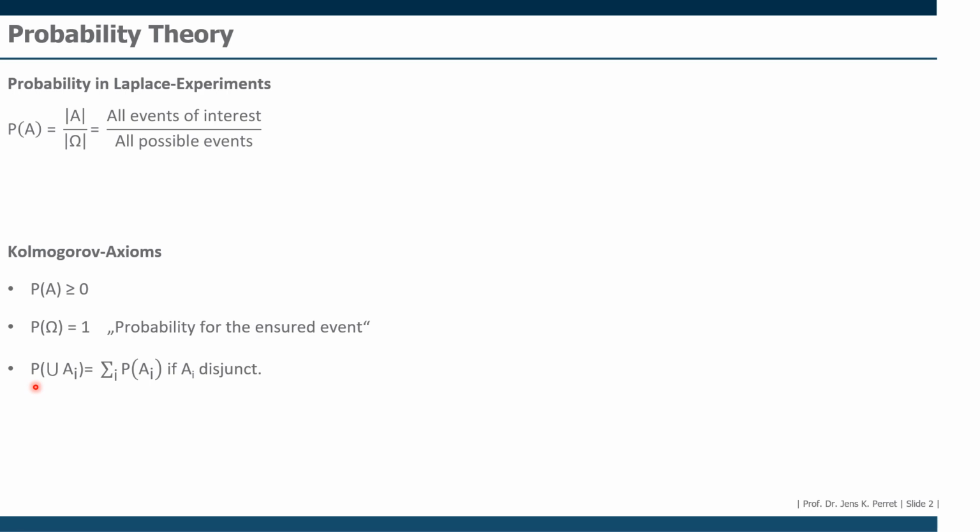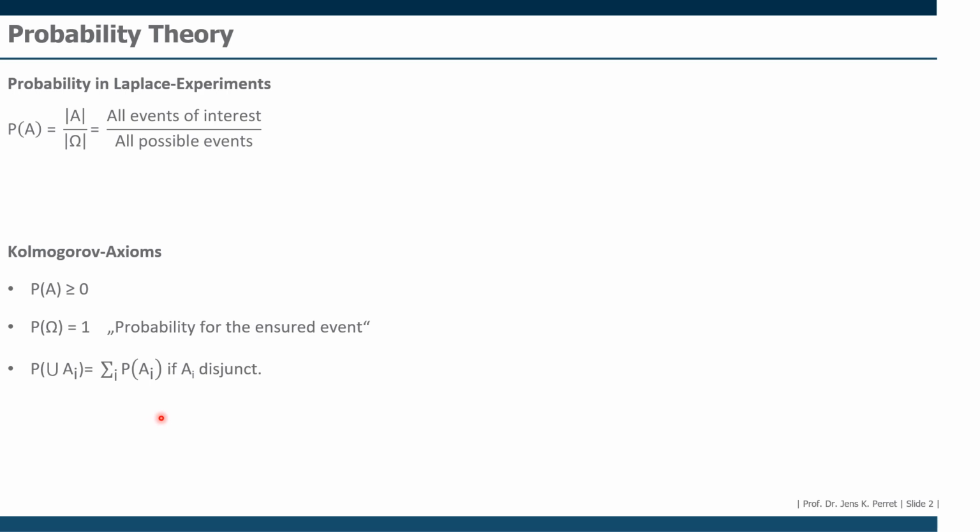From a set theoretical point of view this makes perfect sense, but it also means that we can add up probabilities if the events are not related in any way. That's more or less the short introduction to probability, what it is, and the general properties of probabilities.